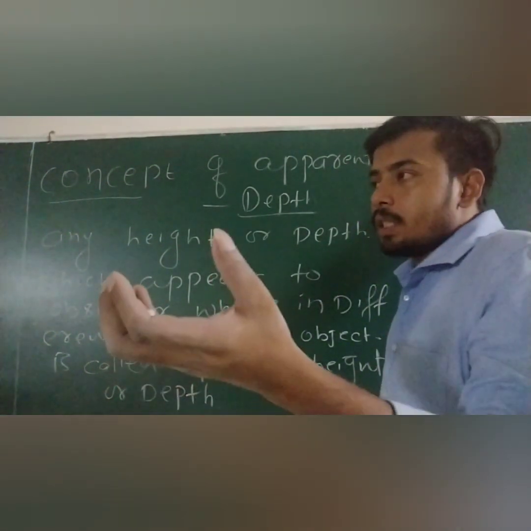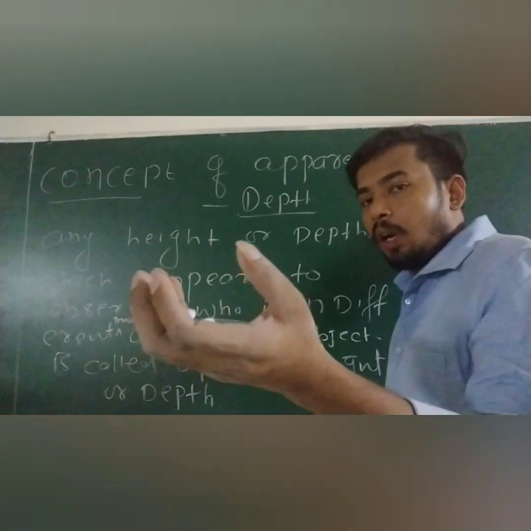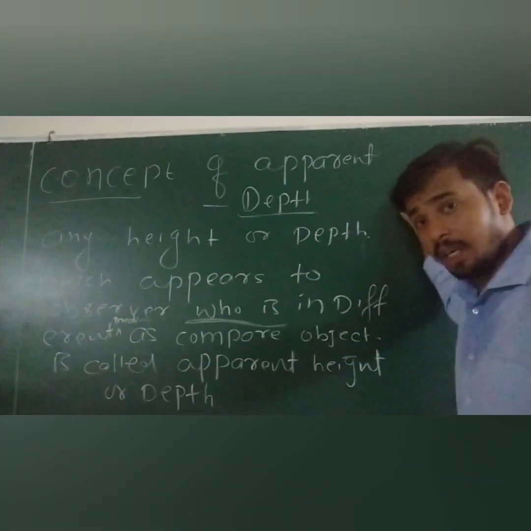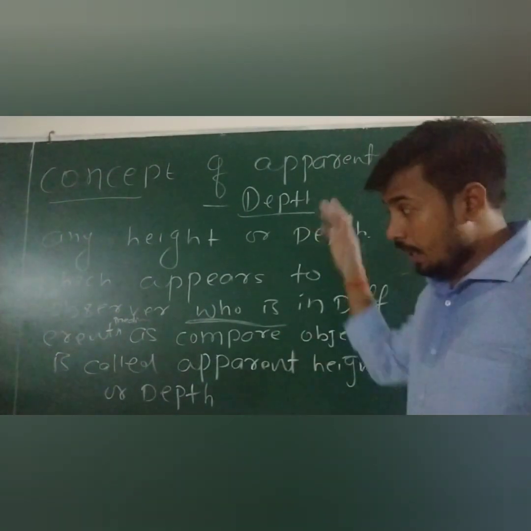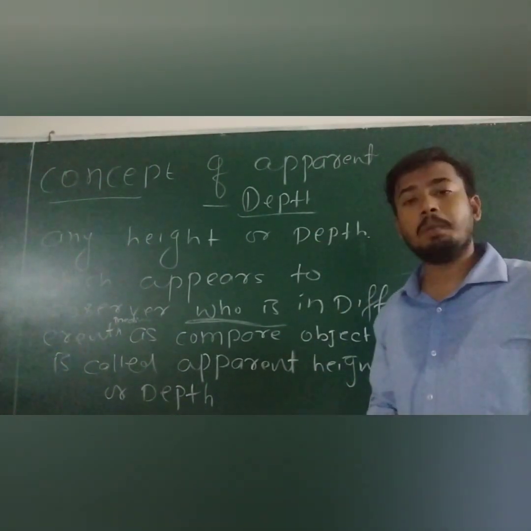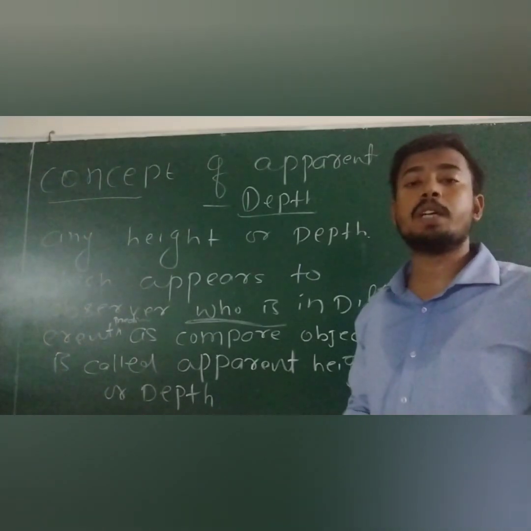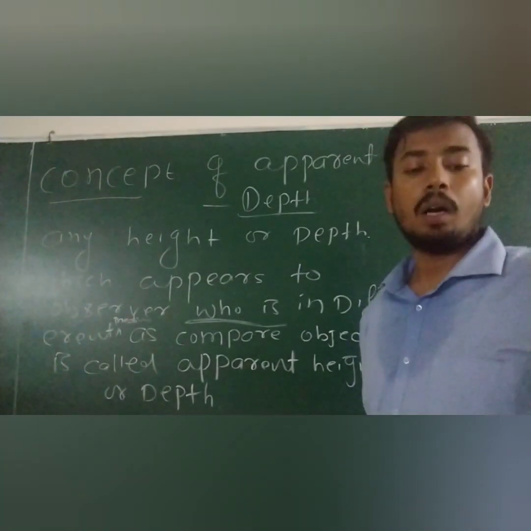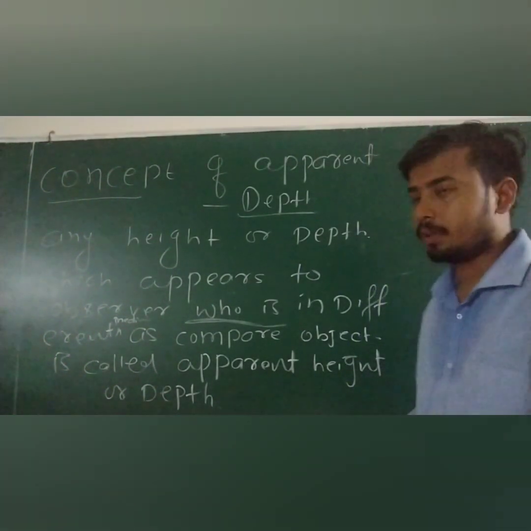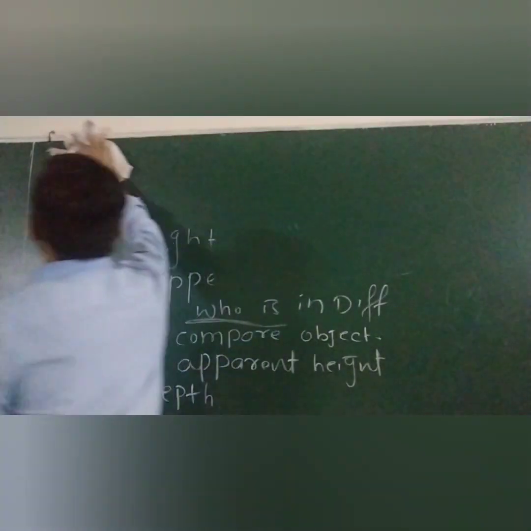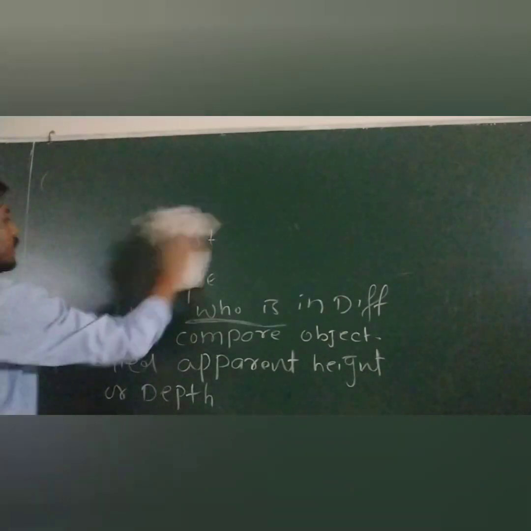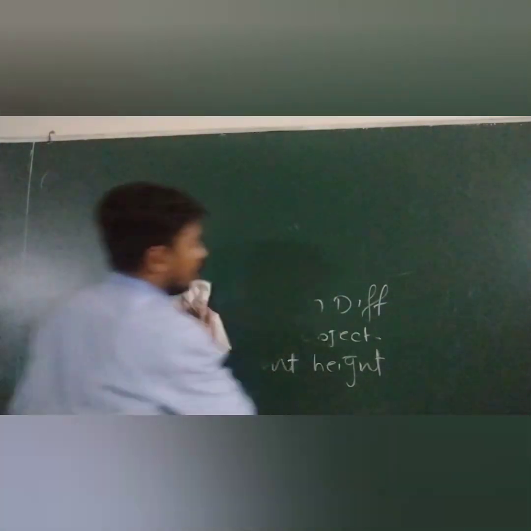So the fish has the medium water and the observer has the medium air, so both have different refractive index. In this case, whatever height is measured, the height observed by the observer is called apparent height or apparent depth. So see the next part. We will discuss two cases one by one.